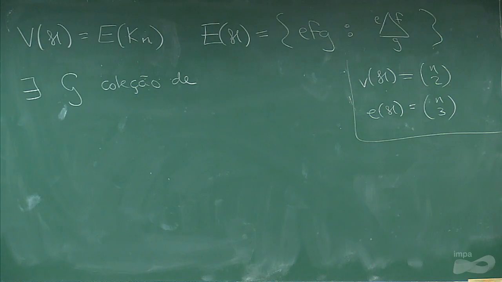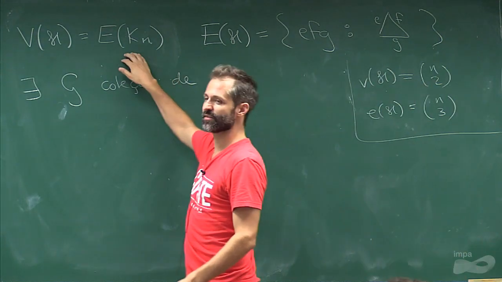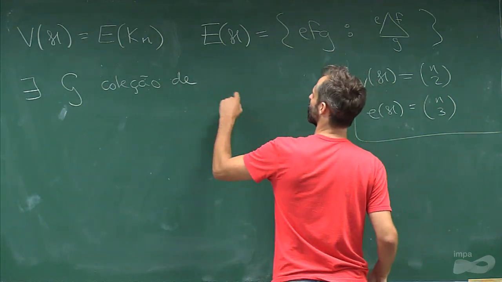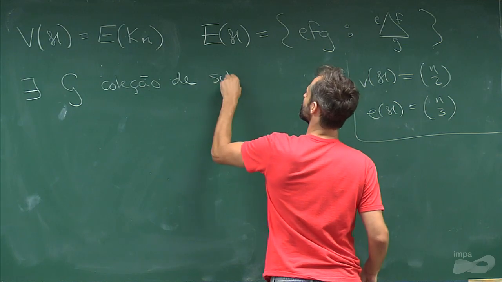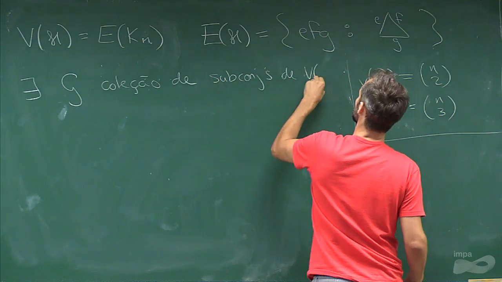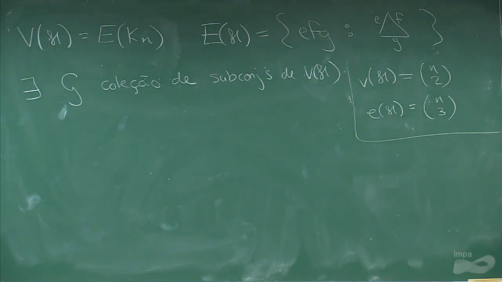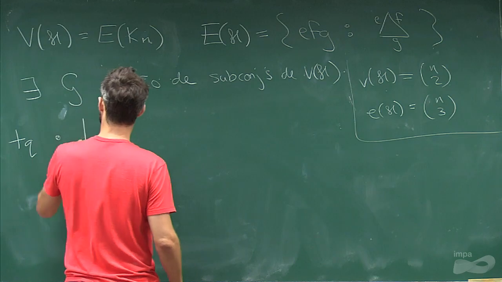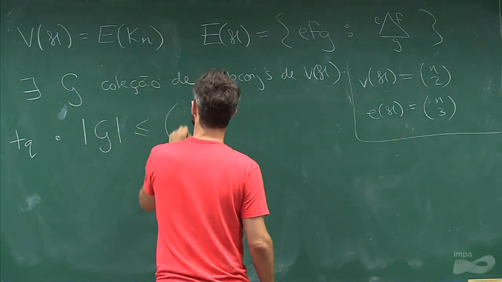A graph is a set of edges. A set of edges of the complete graph is a set of vertices of H. So it's just a collection of subsets of vertices of H such that, okay, the size of the collection is the same thing.